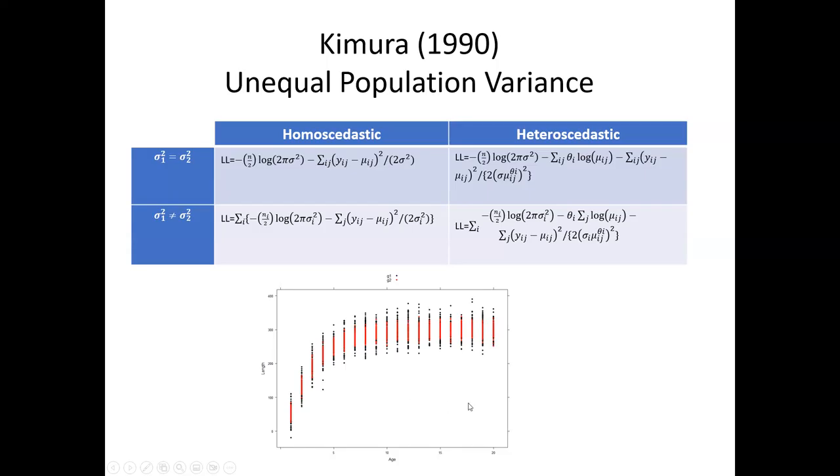So in this case, if you assume that they were equal across the groups, then there are some major issues that can impact there. Whether this actually happens with fish data, I don't know, because I don't think people have wondered about it, so I don't think it was ever explored. But in Kimura's paper, he provides these likelihood functions that you can use to explore whether you need to estimate the sigmas for the different groups.